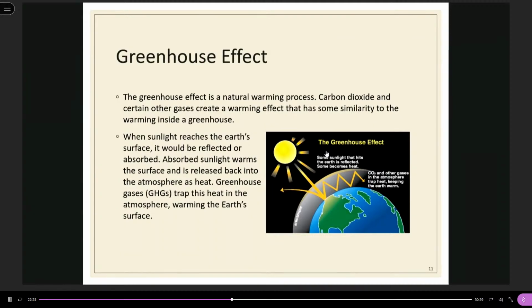In the atmosphere, we have water vapor, carbon dioxide, methane, and nitrous oxide. All these will absorb the heat from the sunlight in the daytime, and then release this heat in the nighttime so that at night it will still be warm for humans to live.